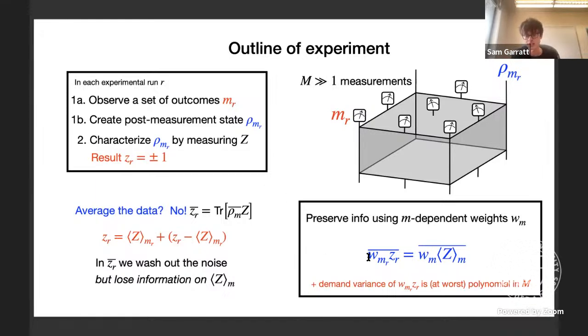Now, in every run of the experiment, I have some weight that I determine somehow, I have freedom here, and I have some outcome of my probe measurement. I multiply them together and I average. When I average, I successfully wash out the fluctuations, and I hold on to some information on the conditional expectation value of Z.